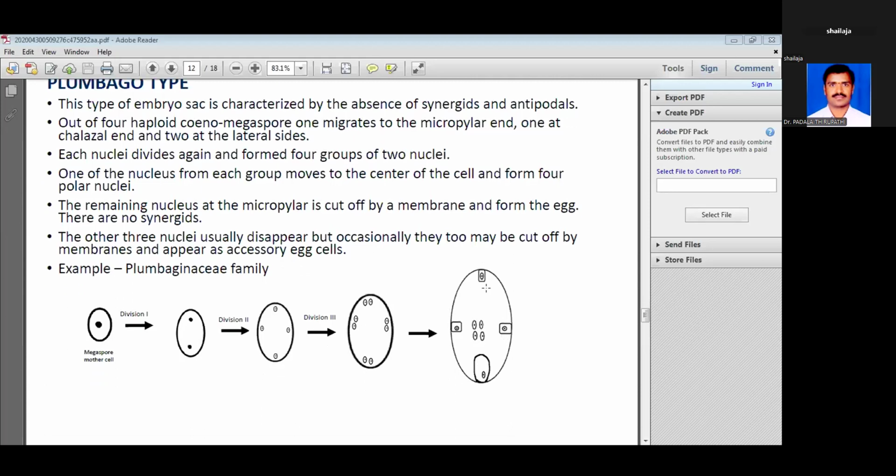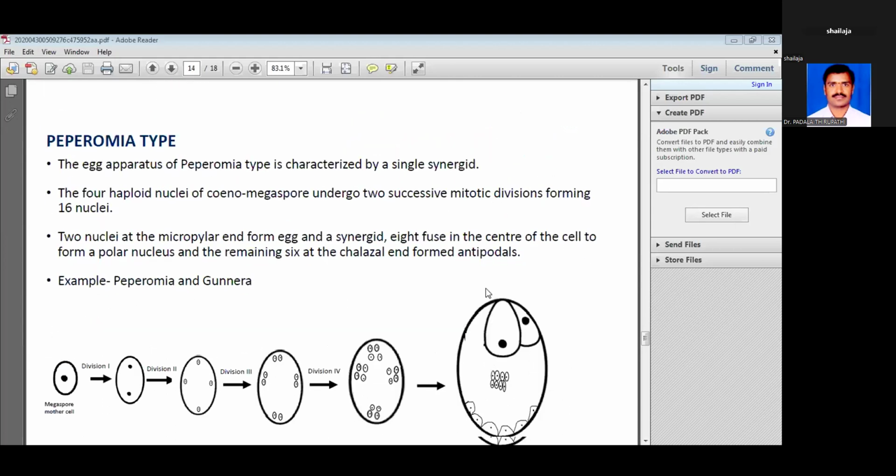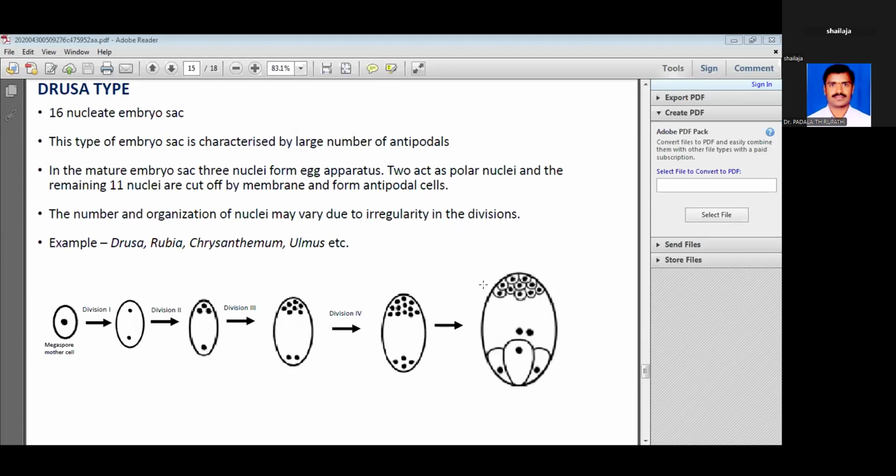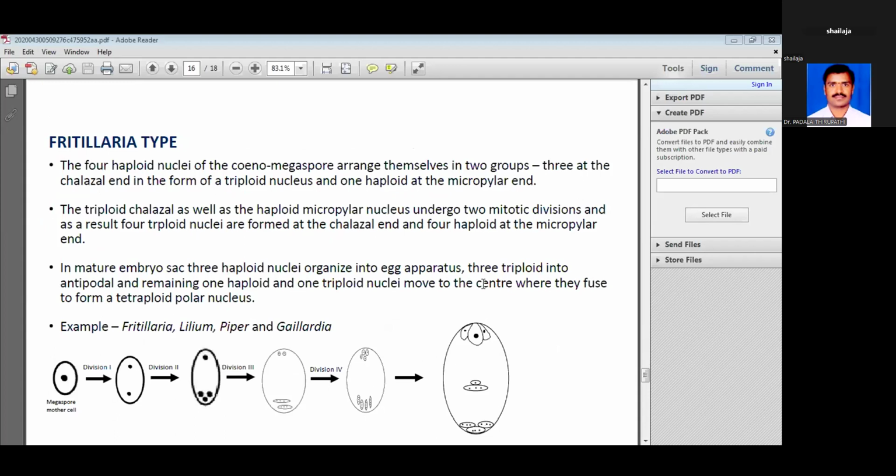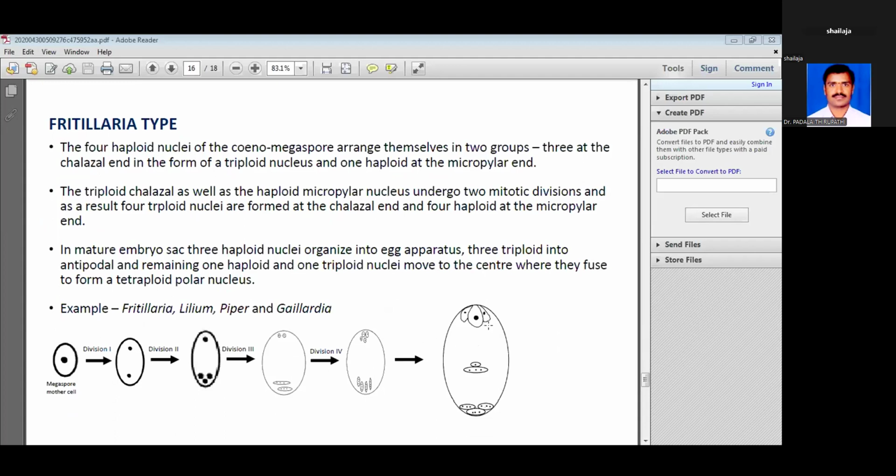Next one is the Fritillaria type. See here, this is also an 8 nuclei embryo sac, but it is different, we can see a different arrangement. The 4 haploid nuclei of the coenomegaspore arrange themselves in 2 groups, 3 at the chalazal end and 1 at the micropylar end.